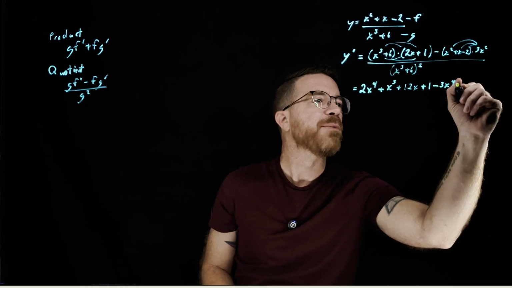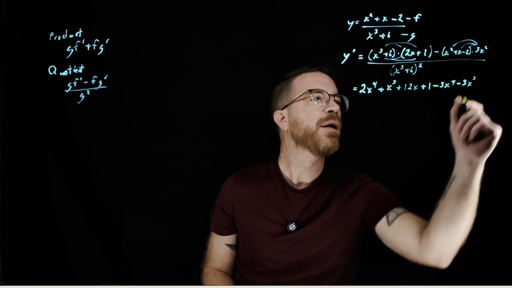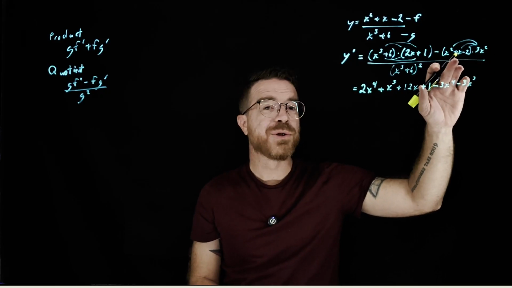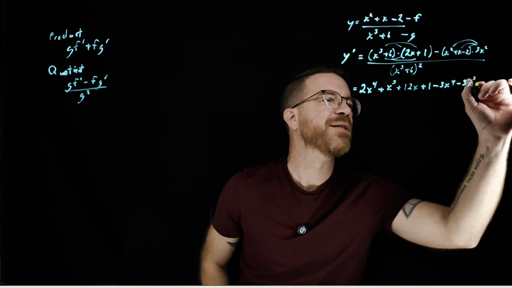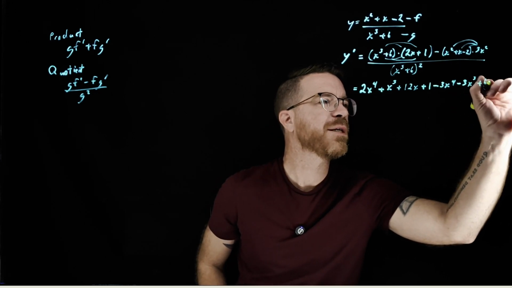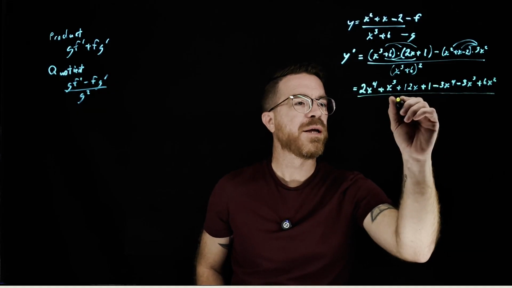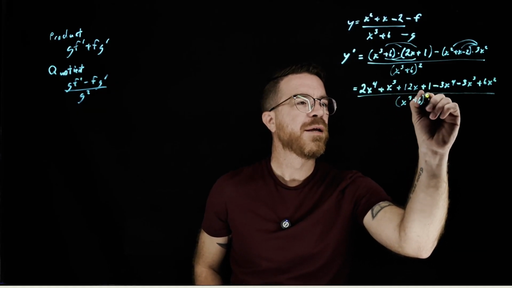And the next one is going to be minus 3x cubed. And then the last one is 3x squared times negative 2, which gives me negative 6x squared, but then the negative is going to make it positive 6x squared. So plus 6x squared. And this whole thing is still divided by x cubed plus 6 squared.